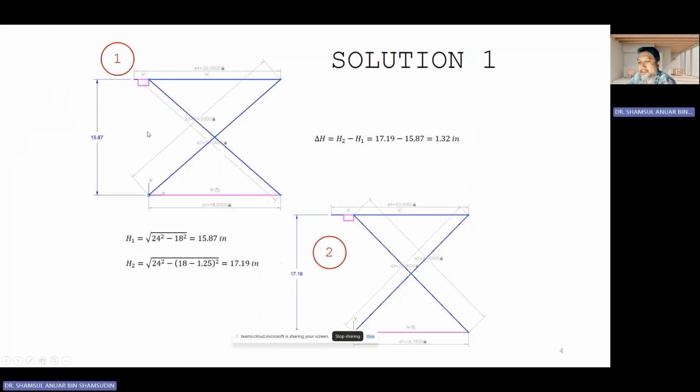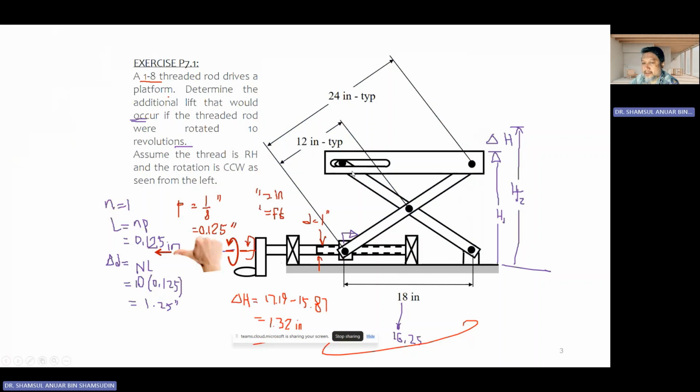So in this situation, we see that this has a slider up there, and that is shown by the pin and slot.